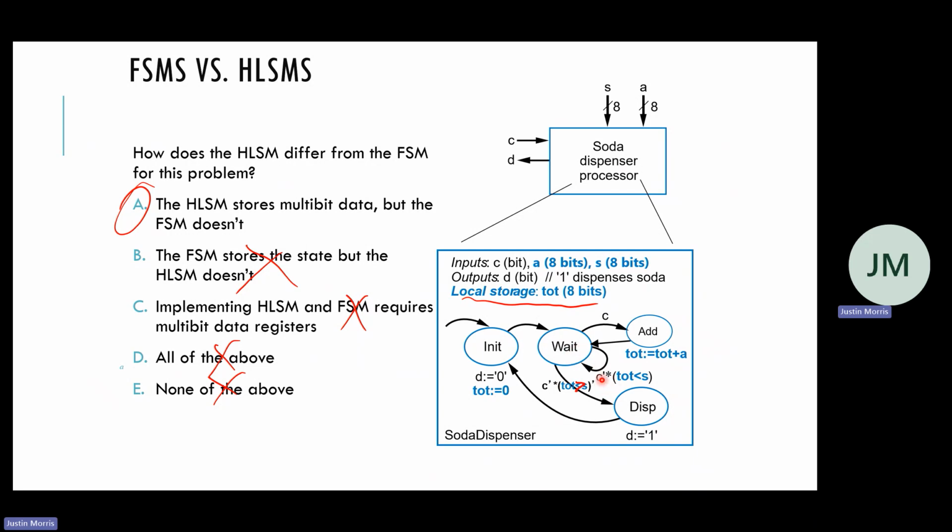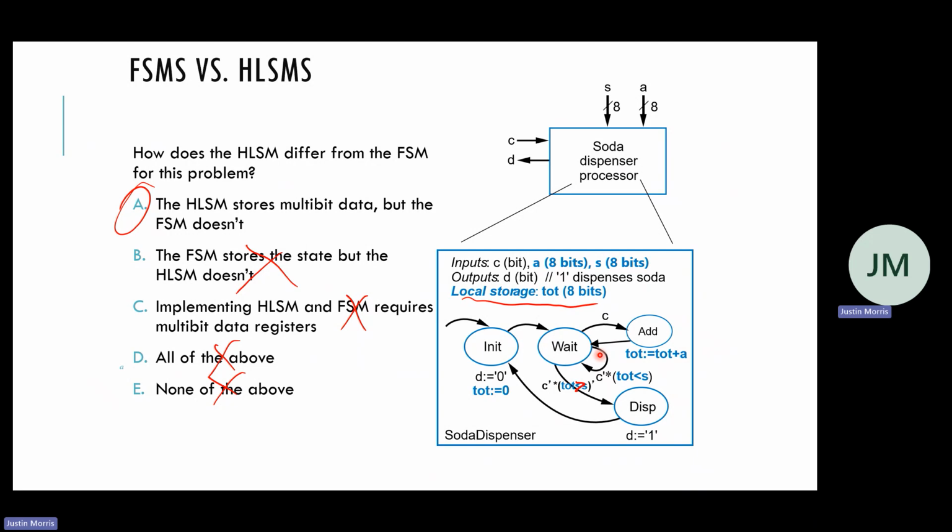But if we don't receive a coin and total is less than the cost of a soda, then we just continue to wait for a new coin, right? So this is how the high-level state machine works for this soda dispenser.